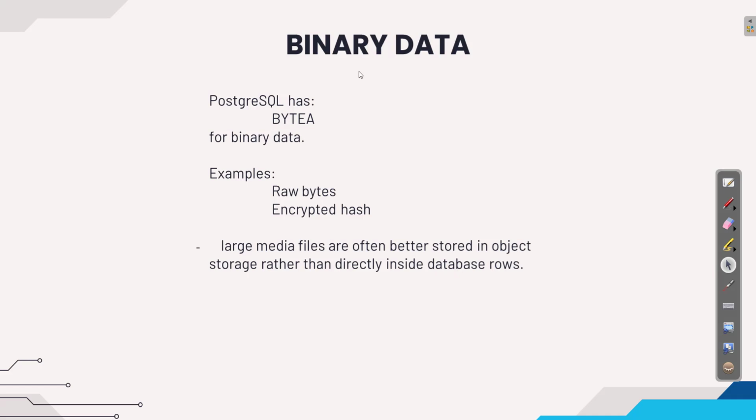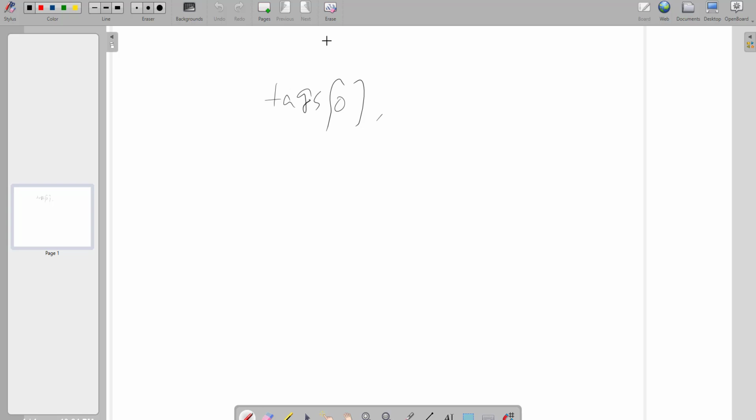So for what is binary data used, for example, we have to save the refresh token. In order to refresh the access token for the JWT mechanism, we will use the refresh token mechanism. So this is a very secret field.